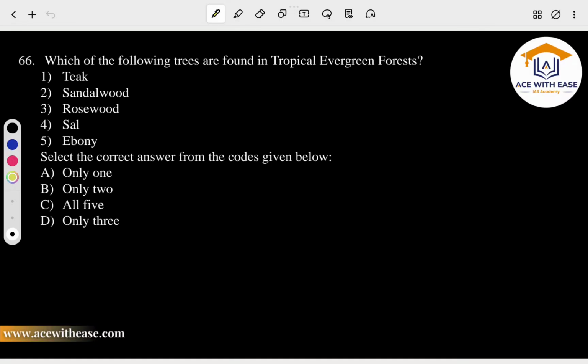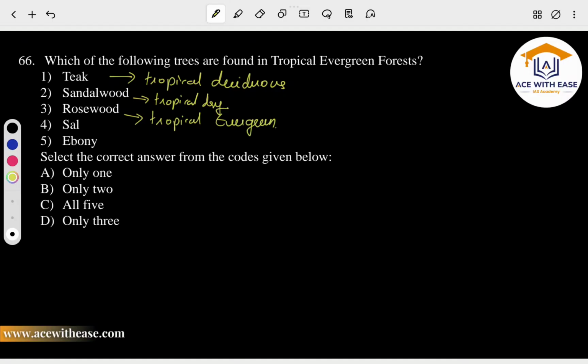66. Which of the following trees are found in tropical evergreen forest? See, the species are very important regarding the forests. First one we have is teak. Teak is usually present in tropical deciduous forest, whereas sandalwood is in tropical dry forest. Rosewood, yes, rosewood is in tropical evergreen forest.